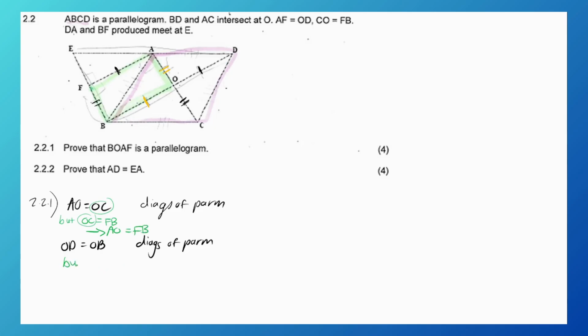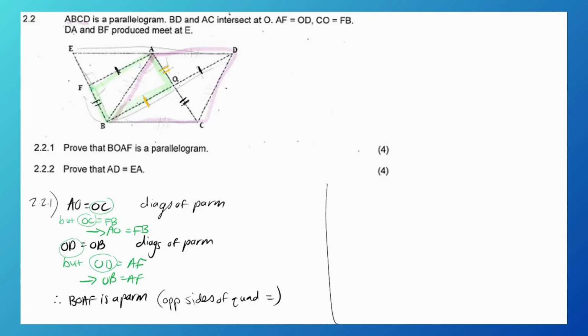Similarly, they told us that AF and OD are equal, and OD equals OB, so OB is equal to AF. Because of those two being equal and those two being equal, BOAF is a parallelogram because the opposite sides of the quad are equal.